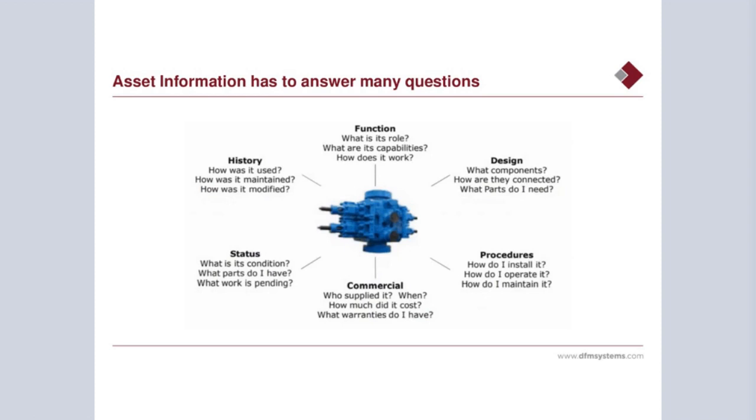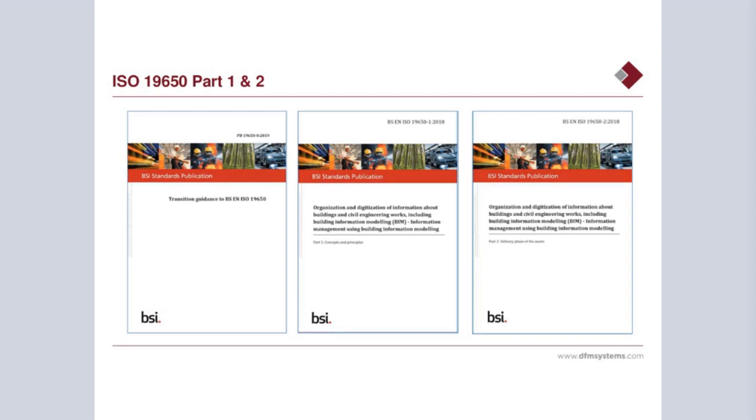So a good safety file or a good operating and maintenance manual will allow you to get answers to all of those questions in a single place, without having to go searching for information in various different places.